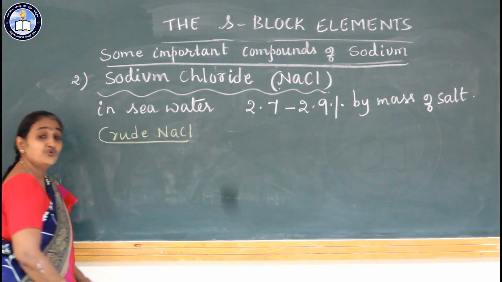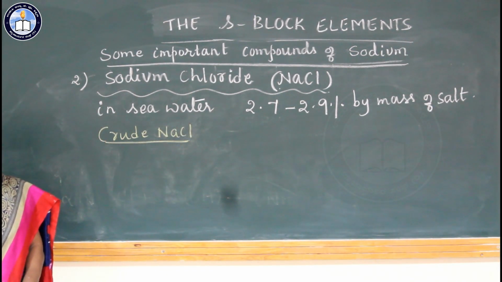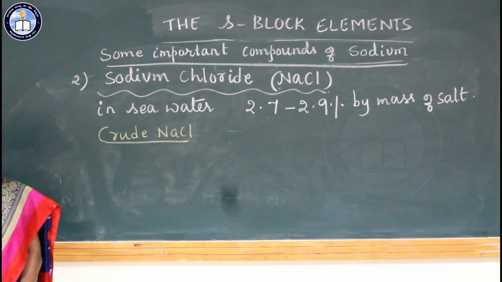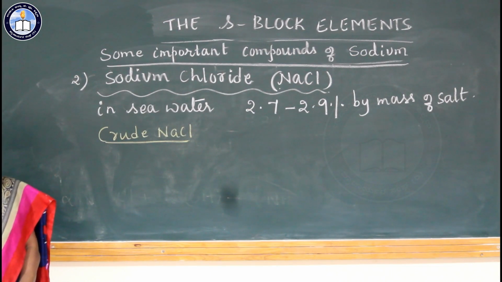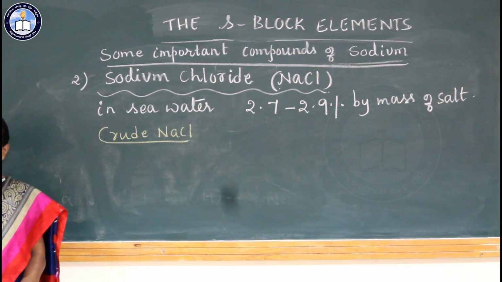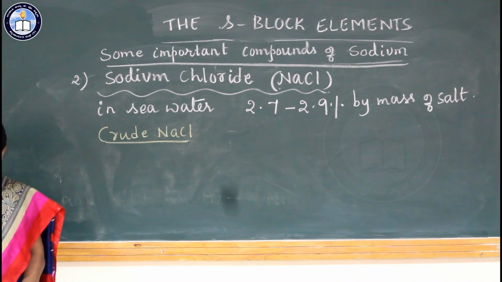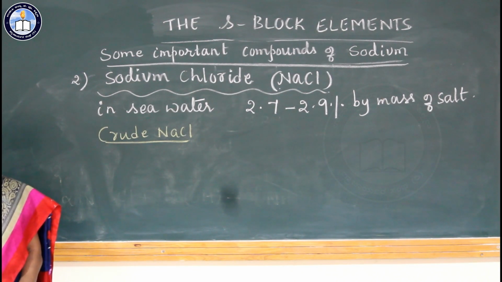This crude sodium chloride contains impurities such as calcium sulfate, calcium chloride, sodium sulfate and magnesium chloride. Calcium chloride and magnesium chloride are undesirable components present in the seawater, and they are also deliquescent.